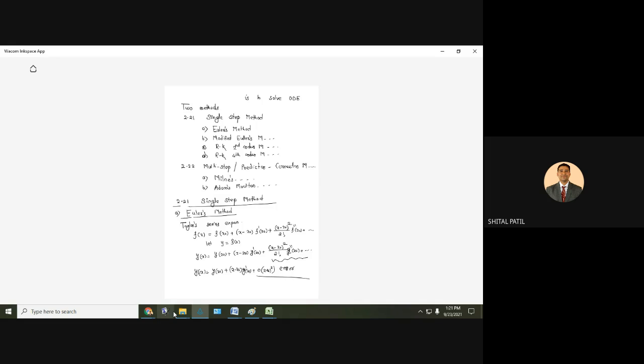So now I'll consider these terms only. Hope everyone is getting this. Now formally we'll try to understand what Euler's method is.